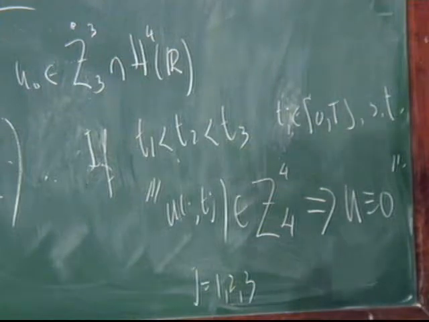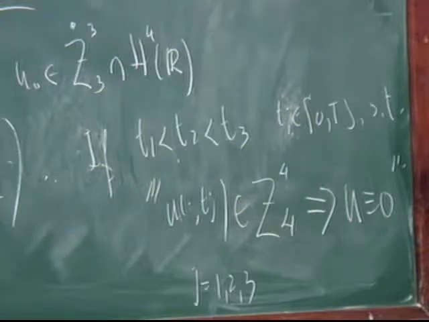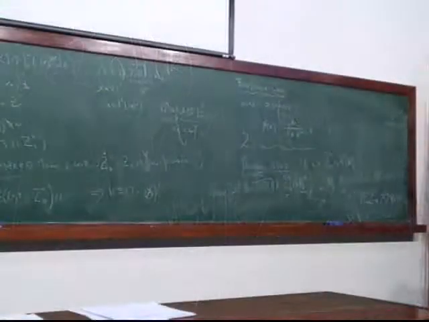Of course, you can prescribe your data with compact support. You have a freedom to choose one. What is not clear is whether you have it for 2 times.